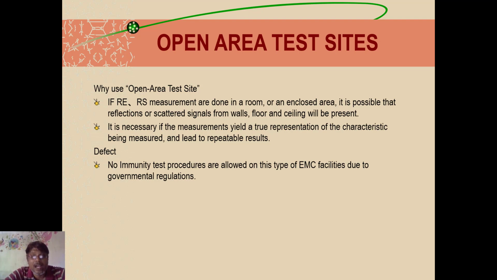So that's why government regulations are there, and they put a limit on this. You can't go beyond a certain level of energy, and in that environment you can't create such energy for the equipment under test, the device under test.